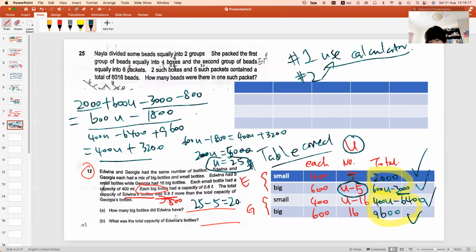Okay. Then what was the total capacity of Avina's bottle? Total capacity for Avina is here. Then you just continue. Can you continue to find out? 13800.